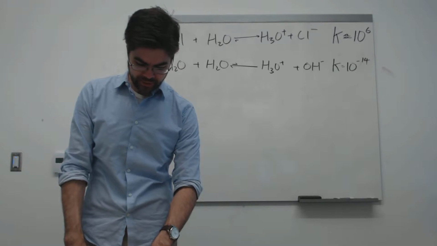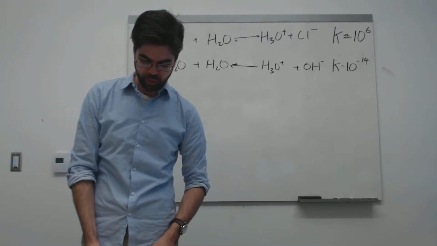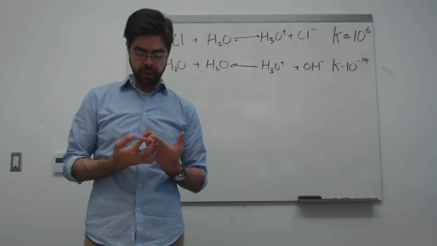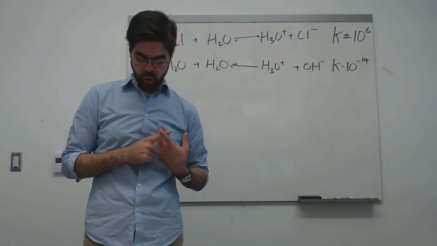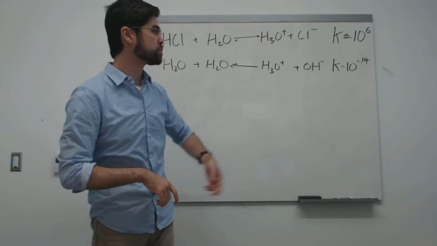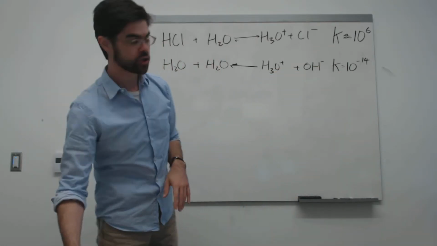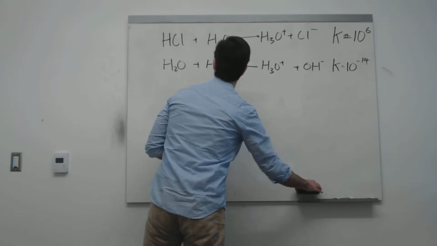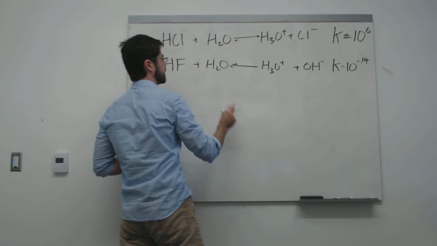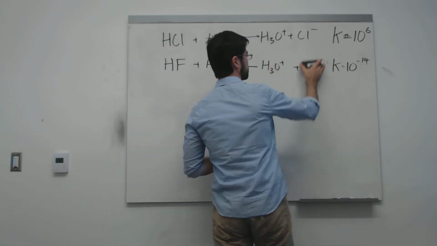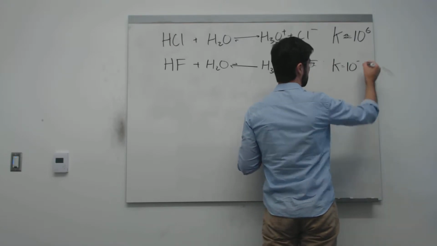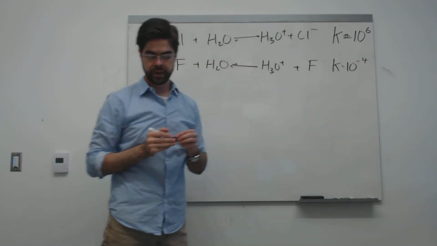How can you tell immediately between strong and weak acids and bases? There's two ways you can do it. One is that weak acids have small Kas. They have small equilibrium constants. So if I were going to replace this with HF, and I would get this to be F minus, the equilibrium constant for this reaction is about 10 to the negative 4.